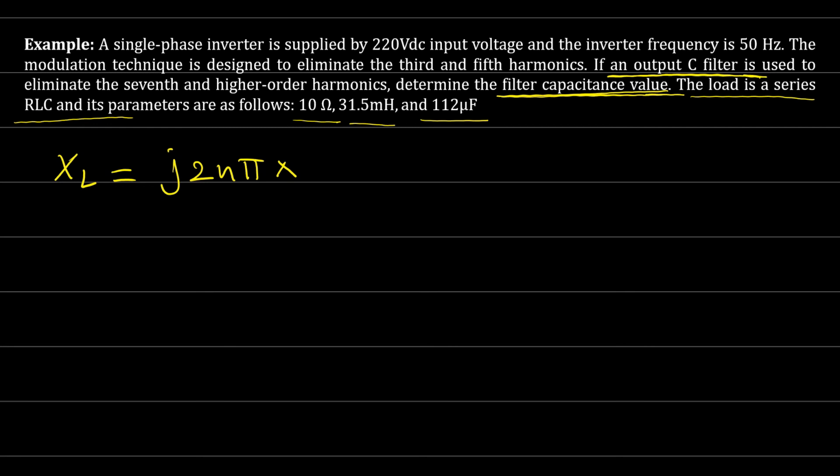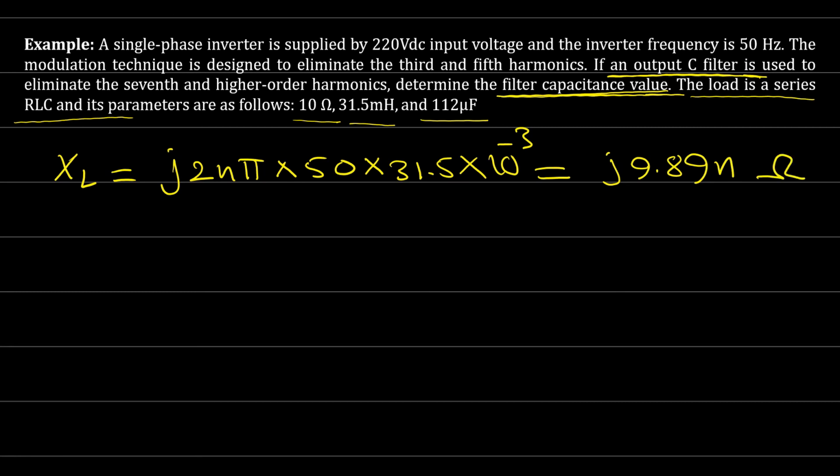So here we can say 50 Hertz times the inductance, which is 31.5 times 10 to the power minus 3. So this is j n 2πfL, or j n omega L, right? Calculate this value, you'll find that this is equal to j 9.89 n ohms. So this is the inductive reactance.